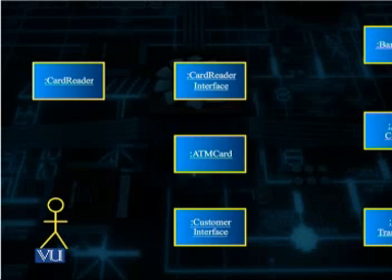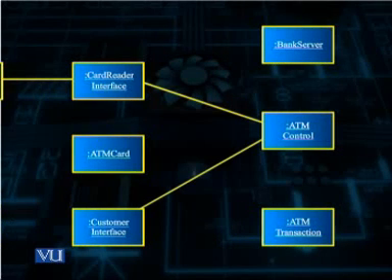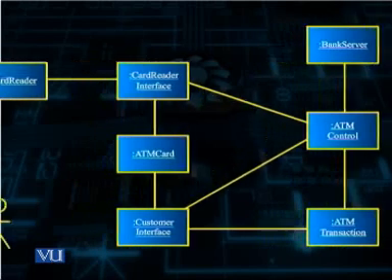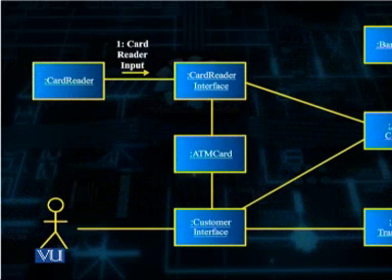So the first thing in this use case that happens is that a customer walks up to an ATM machine and inserts a card into the card reader, and the card reader then reads that card and sends the information, the card reader input, to the card reader interface object. Card reader interface object is the software object which is modeling the external I/O device in our system.